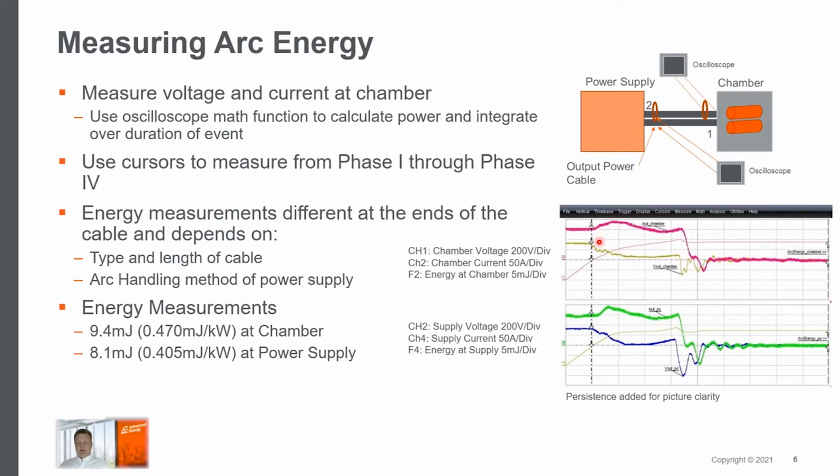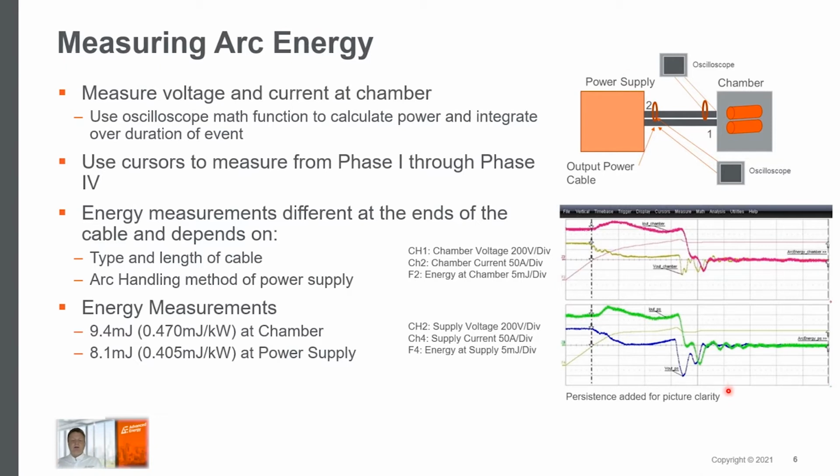These 2 pictures are taken at opposite ends of our cable. The top one is taken at terminal 1. The bottom one is taken at terminal 2 at the power supply. And what we see is a 16% reduction of our measured arc energy at the power supply.